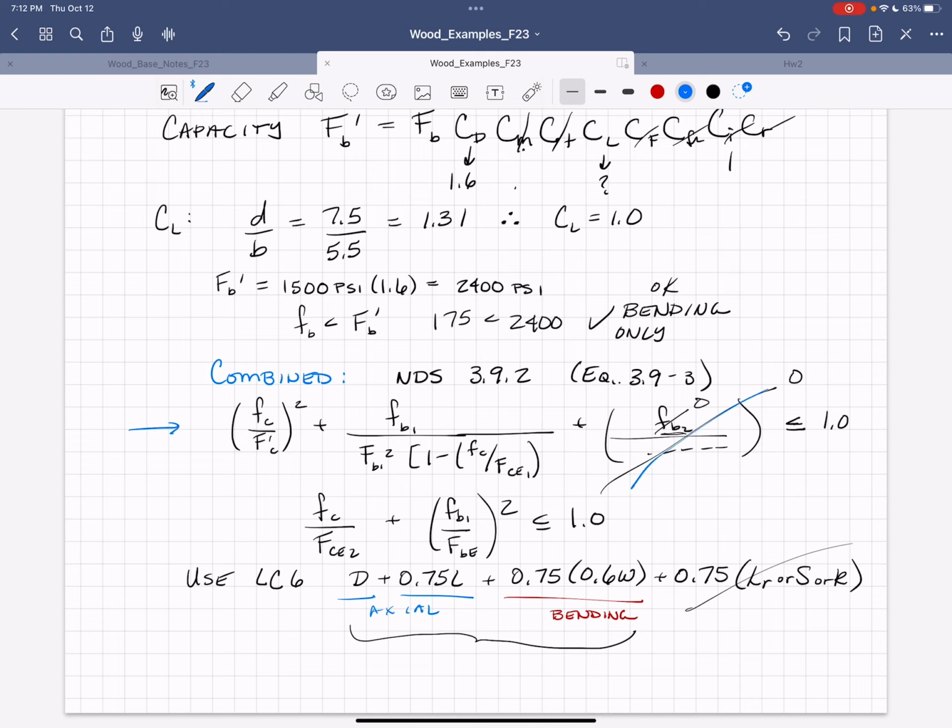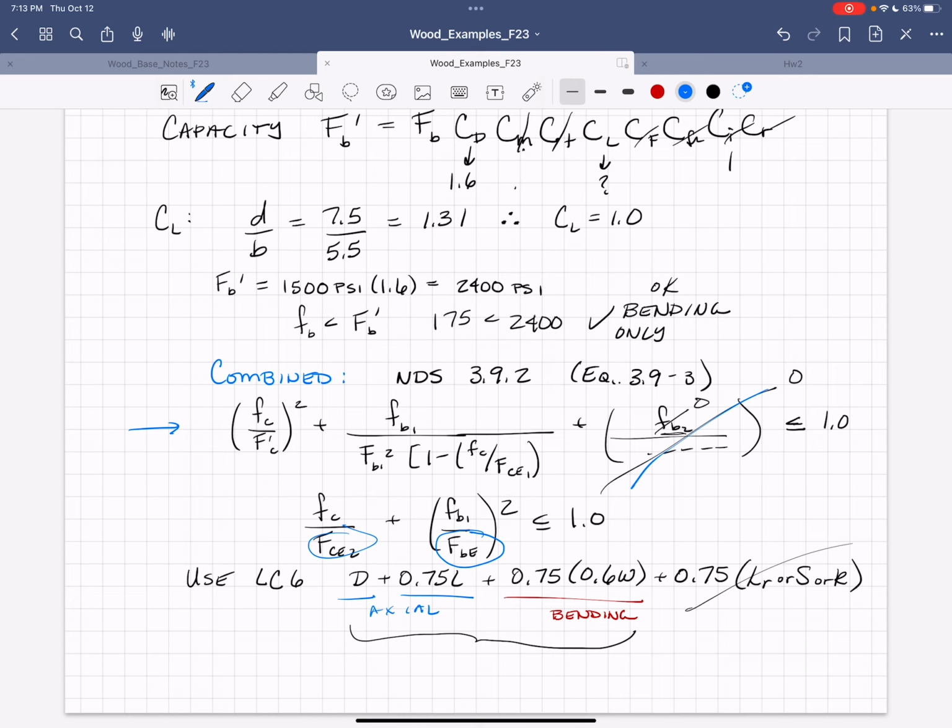Now let's look at this equation over here. Any of the 2's are going to be 0. And this guy is going to be 0, and then this guy is for bending, biaxial bending, weak biaxial bending, is this guy.